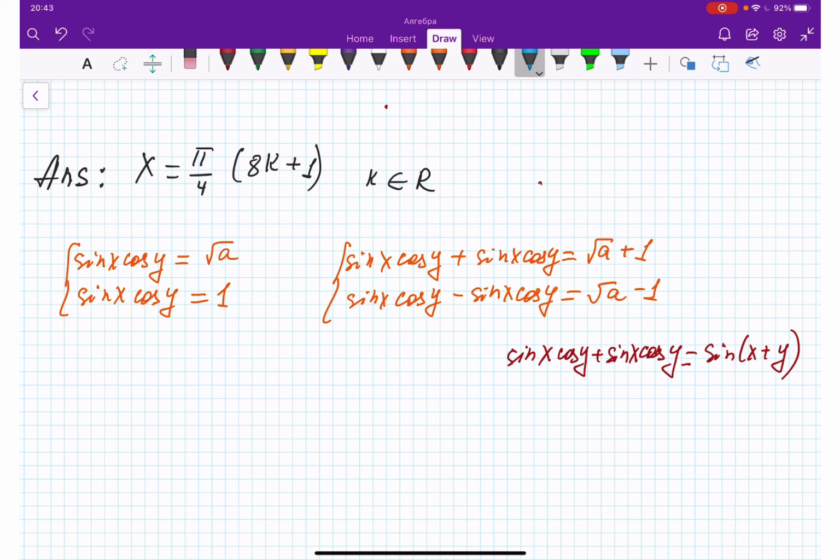Accordingly, sine x cosine y minus cosine x sine y is equal sine x minus y.